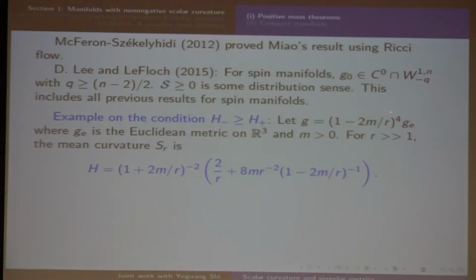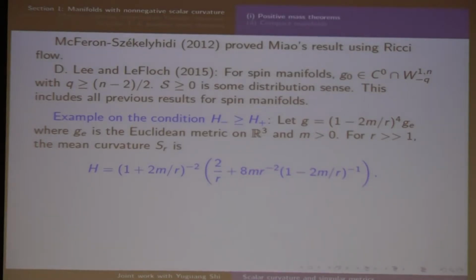For this metric, if you compute the scalar curvature, well, this is in R3, the scalar curvature is 0, and M is bigger than 0. Well, this is asymptotically flat, near infinity at least. But the mass is exactly equal to minus M, which is negative.